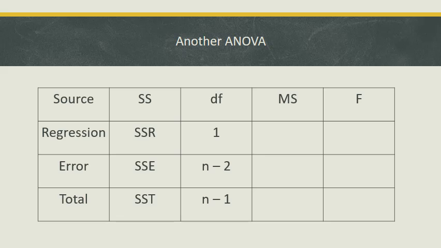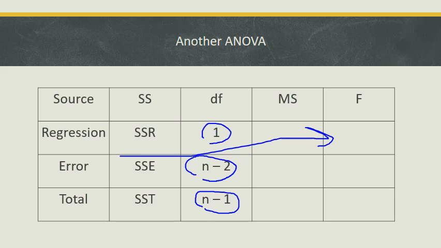And the degrees of freedom are 1, n minus 2, and n minus 1, where n is the total number of data points. All the usual rules for the ANOVA tables are the same, and everything will flow towards the f value.